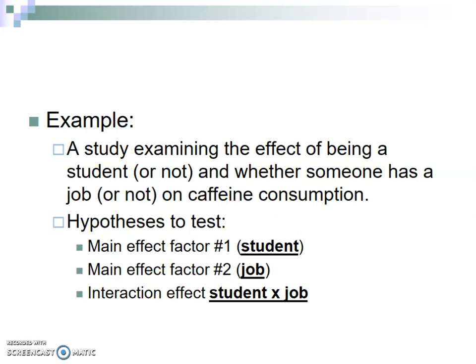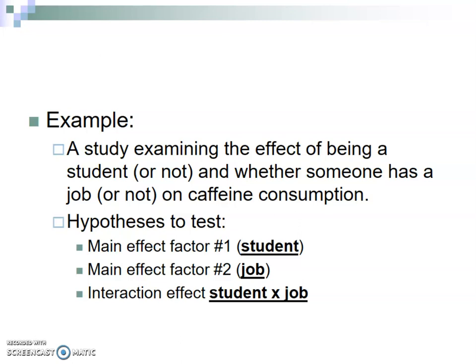So in this study, the researcher asked participants if they were a student currently or not. They also asked participants if they currently have a job or not. And then they asked them how many caffeinated beverages they typically consume each week. So participants were answering this question on caffeine consumption in a numeric sort of way.